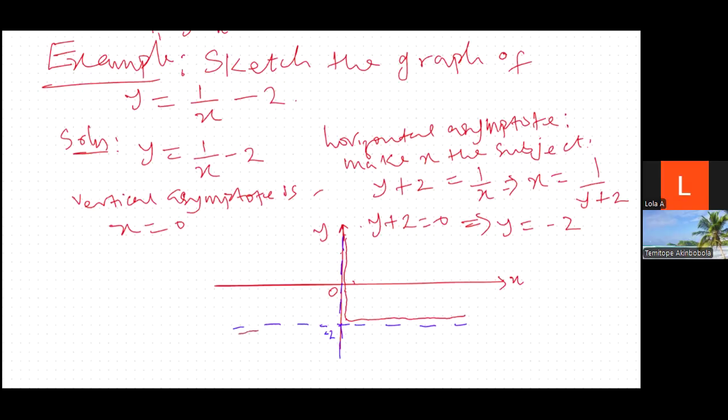You tend towards touching this, but it will not touch it. So this is the graph. The blue lines are the asymptotic lines, the points where the expressions are undefined. Those are the asymptotes. Understood? So you now label it: graph of y equals 1 over x minus 2. So that's it.